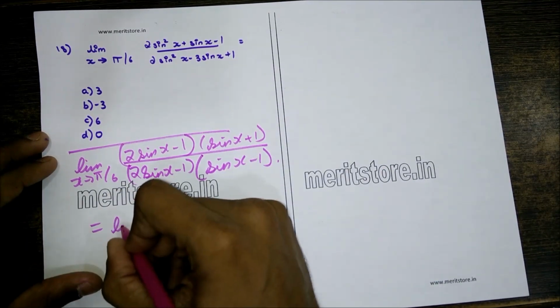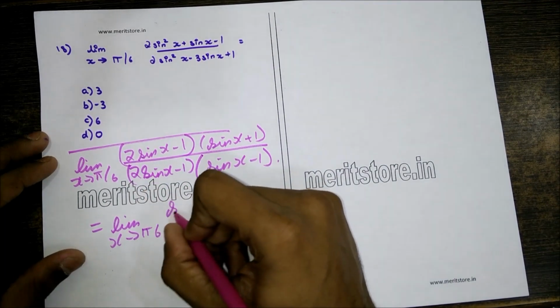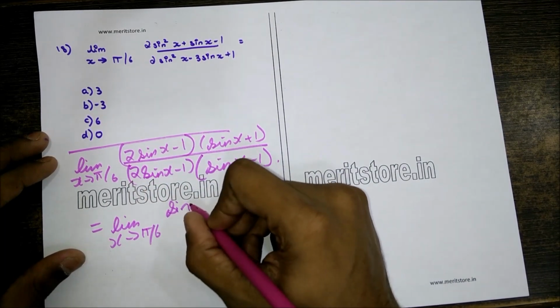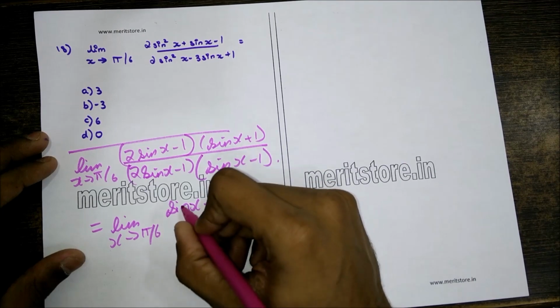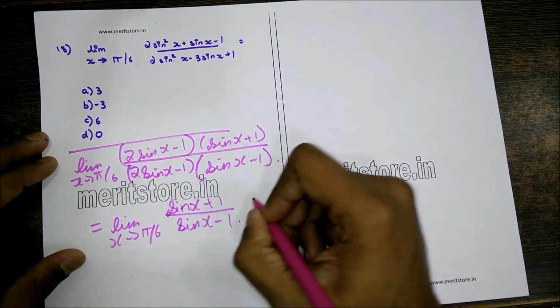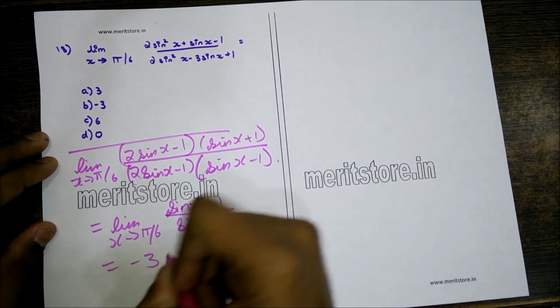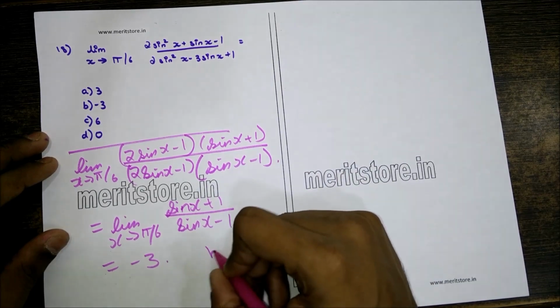That gives us limit of x tends to pi by 6, sin x plus 1 upon sin x minus 1. Now we can apply the limit of x tends to pi by 6, giving us minus 3, which is option B.